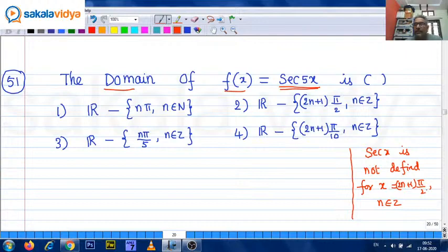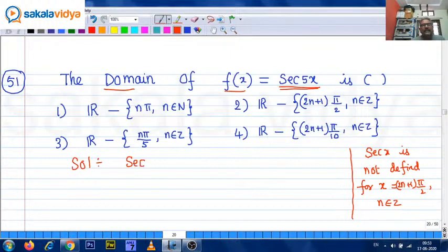Other than odd multiples of pi by 2, the value of secant x is defined. Odd multiple of pi by 2 means pi by 2, 3 pi by 2, 5 pi by 2, 7 pi by 2 and like that. The general form of the odd number is 2n plus 1. So except 2n plus 1 pi by 2, the rest will be valid. Using this basic fact we can write like this.